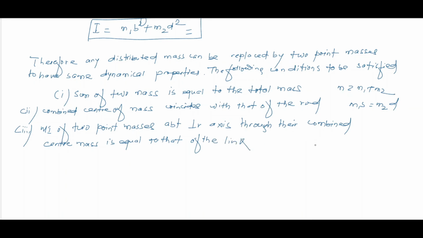That means I should be equal to m1 b square plus m2 d square. So, these three equations are highly essential if at all you are interested in a dynamically equivalent system.